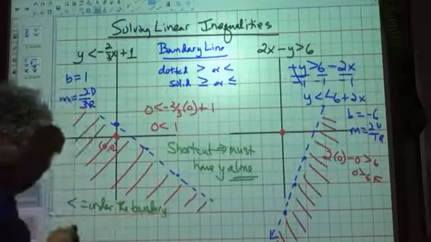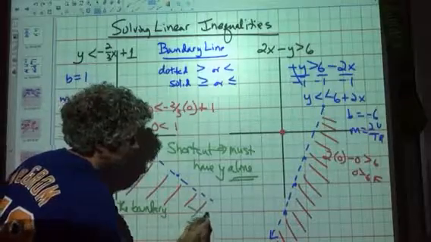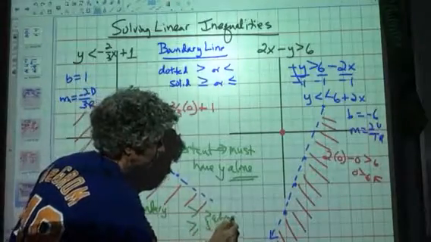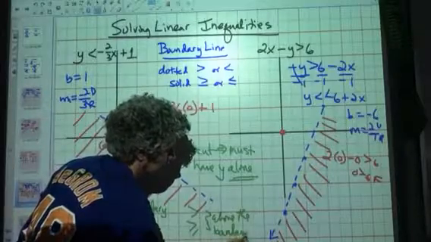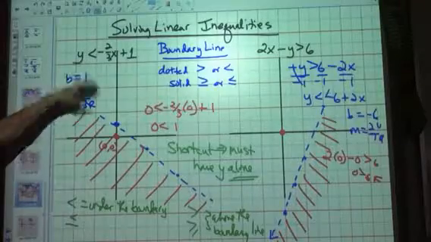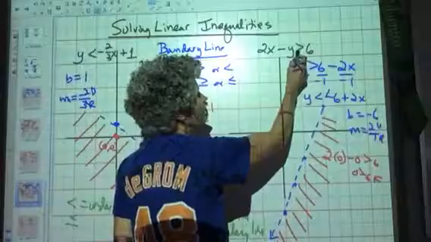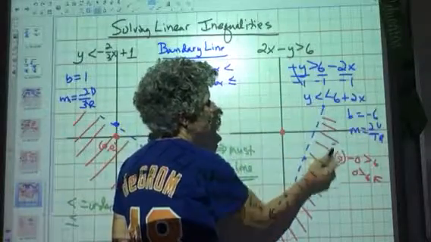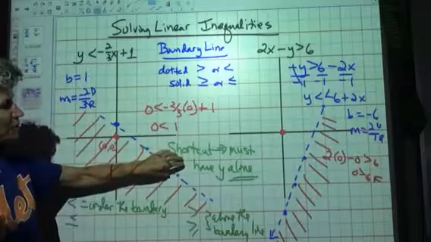If it's greater than or equal to, we're going to go above the boundary line. So here this was less than, so that's why we were below the line. This one, it started as greater than, but when we solved for y, it became less than, and that's why it's underneath. So that's why you really have to be careful with the shortcut.